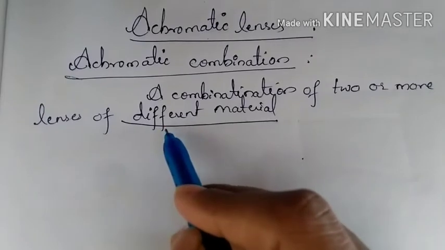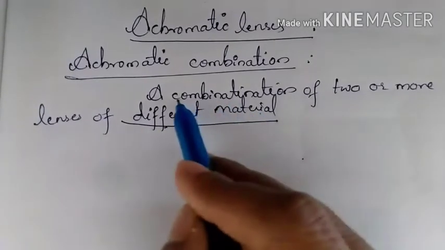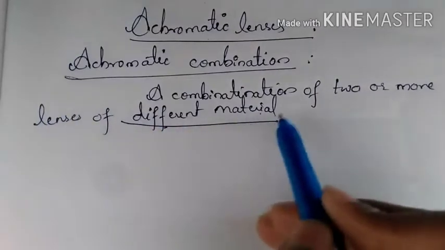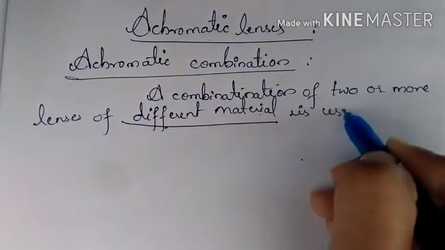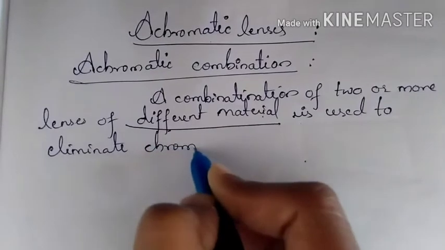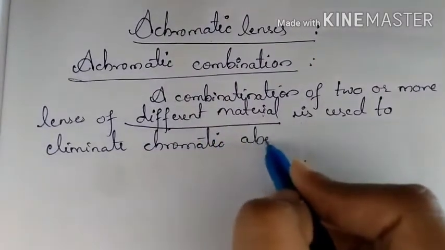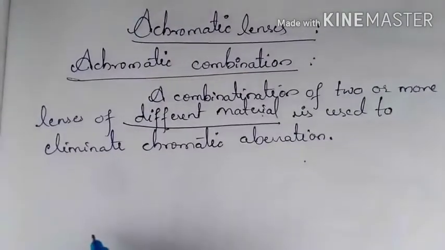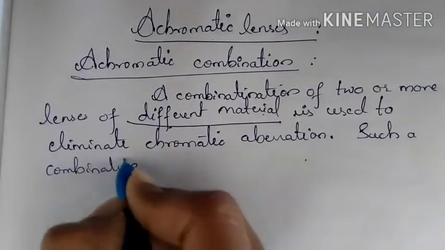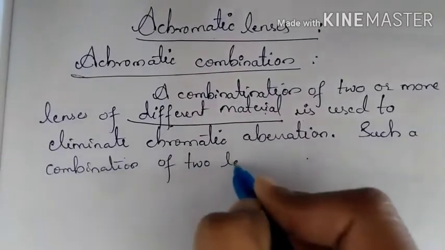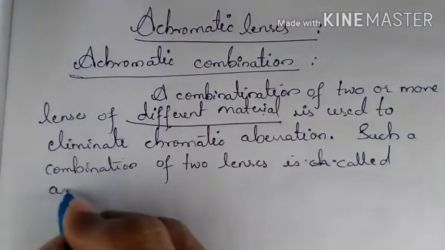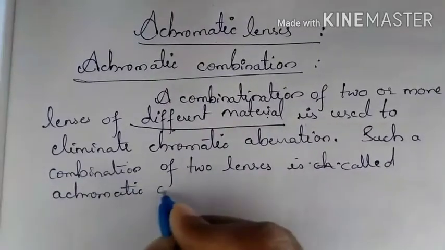A combination of 2 or more lenses of different material is used to eliminate chromatic aberration, and such a combination of 2 lenses is called an achromatic combination.